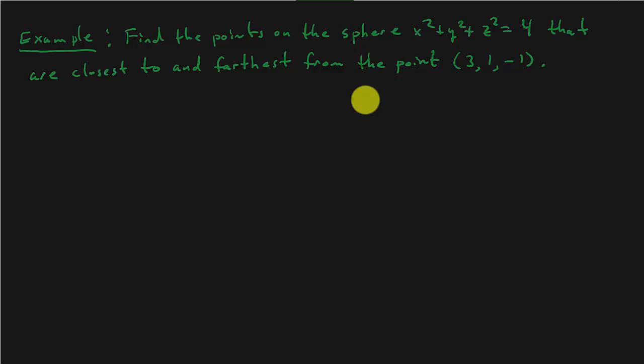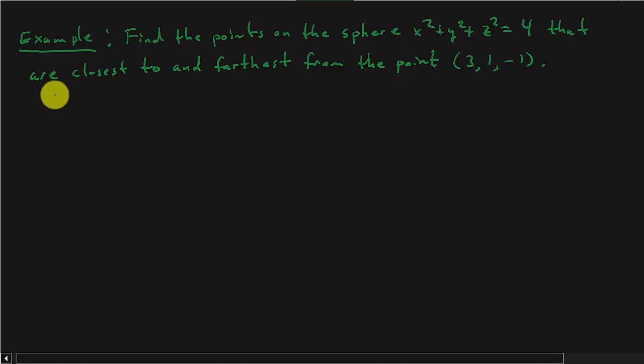So we're wanting the closest and farthest distance, right? So we've got the distance formula. We have a point, 3, 1, negative 1, and then we want a point on the sphere. So that would just be some point x, y, z, right?